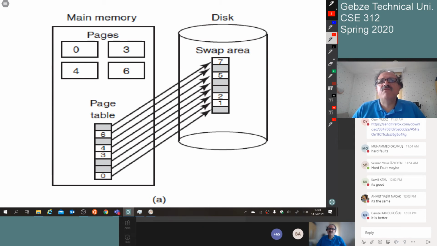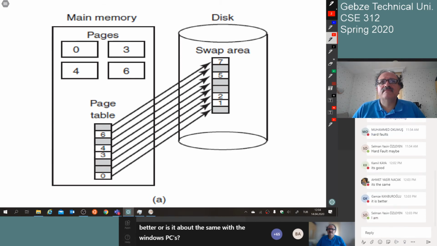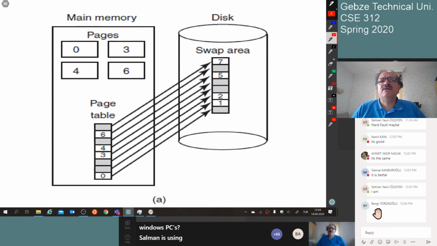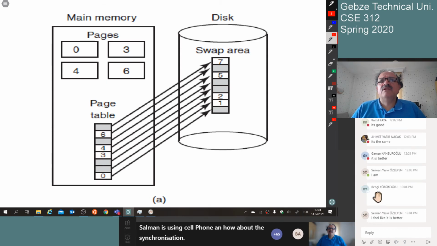Is the cell phone performance of Teams better, or about the same as the Windows PCs? Salman is using a cell phone, and how about the synchronization? Is synchronization a problem with the cell phones? I feel it is better. Okay, it is better.